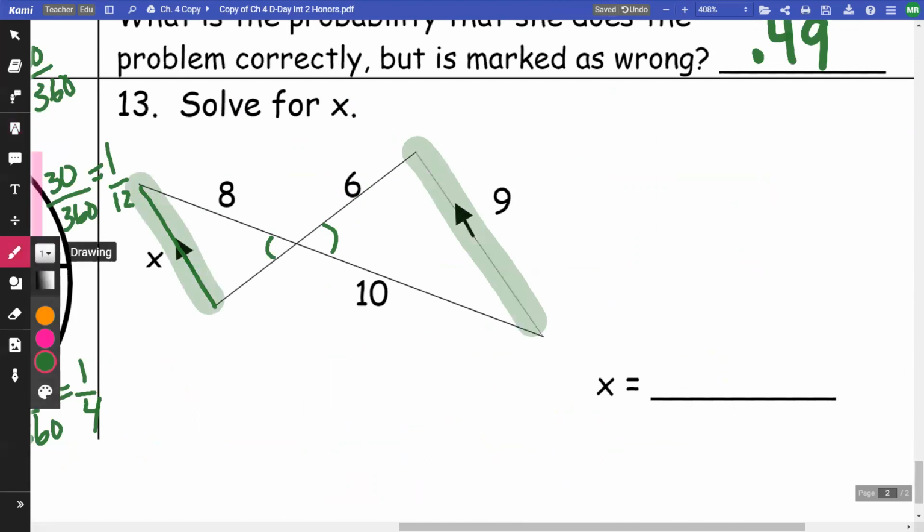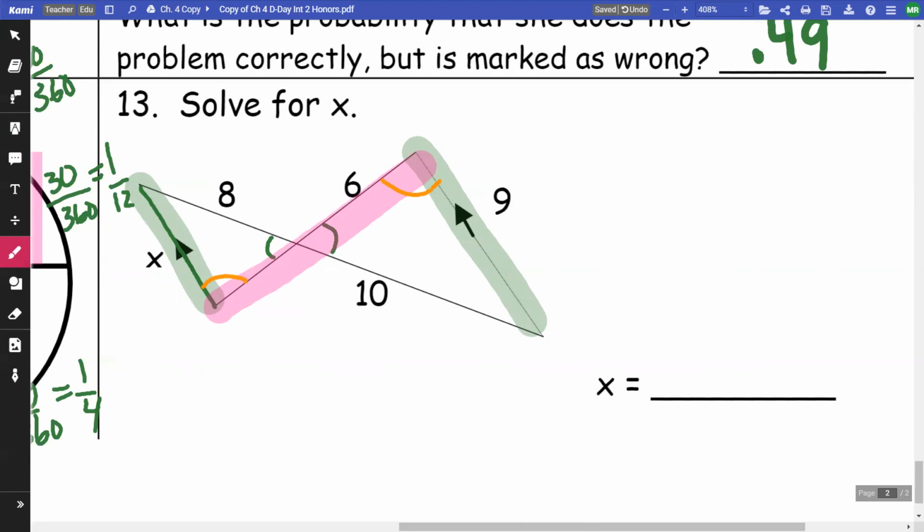So if I cut it by this transversal, for example, then this angle here and this angle here would be the same. And so right now I do have angle, angle.